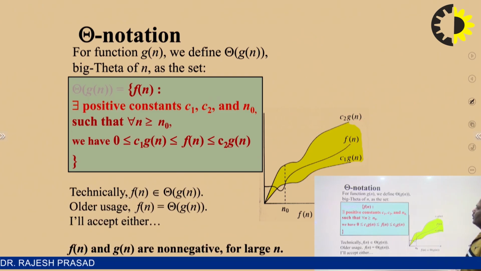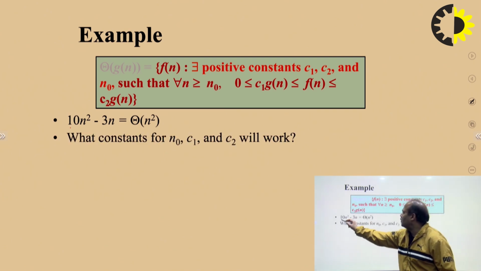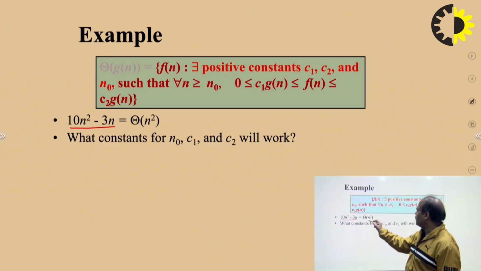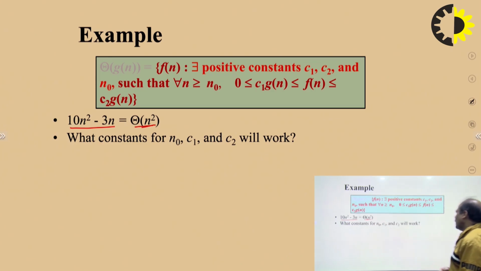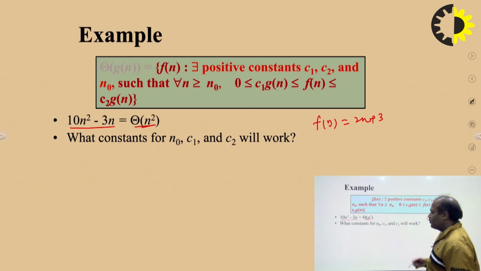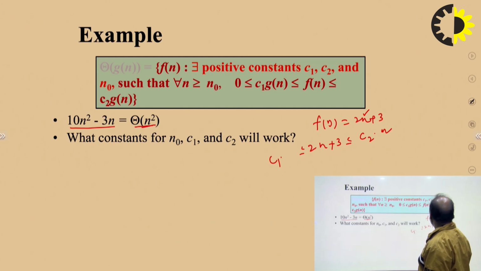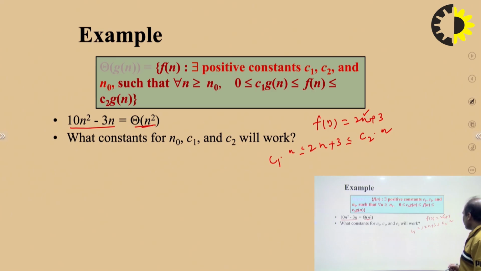The example is very simple: you can take 10n square minus 3n, which can be approximated as theta of n square. Similarly, take f(n) as 2n plus 3. To approximate it to theta notation, 2n plus 3 is less than or equal to c2 g(n), taking the highest dominating factor, which is n, and the lower bound also has n as the dominating factor, for n greater than or equal to a particular n naught.